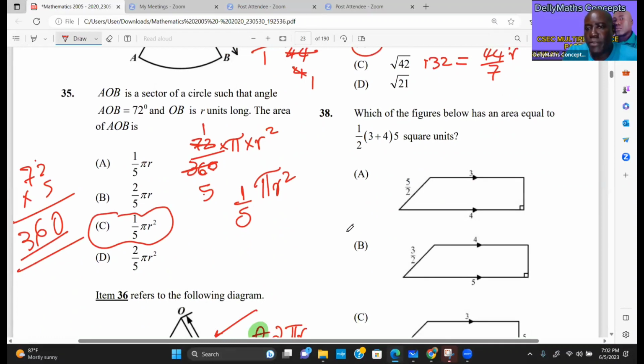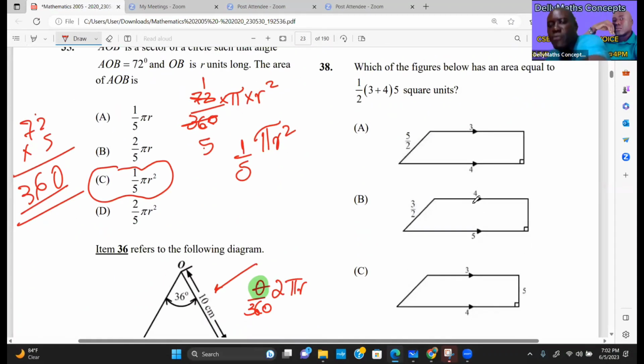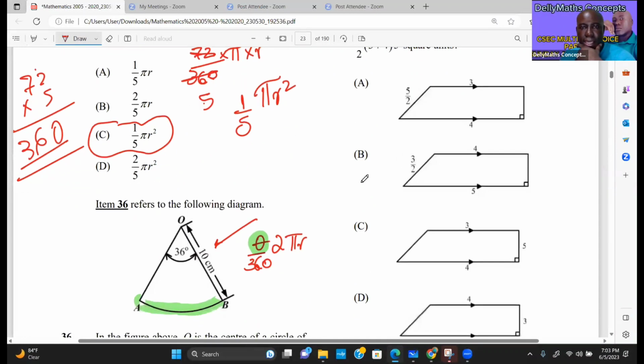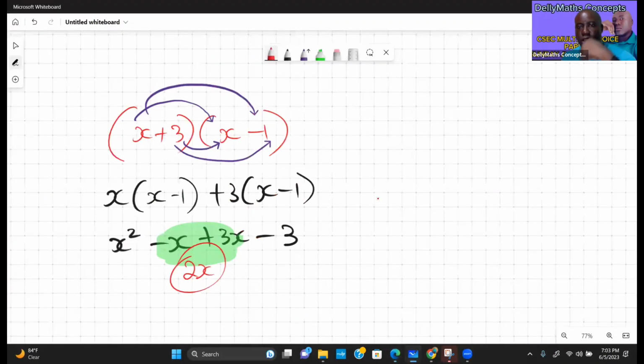38. Which of the following figures has an area which is a half of 3 plus 4 times 5? The concept behind the area of a trapezium is that you're going to have 2 parallel sides. So a trapezium may look like this.